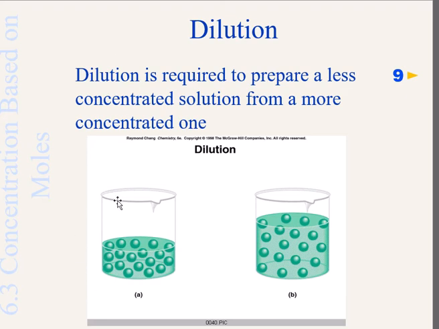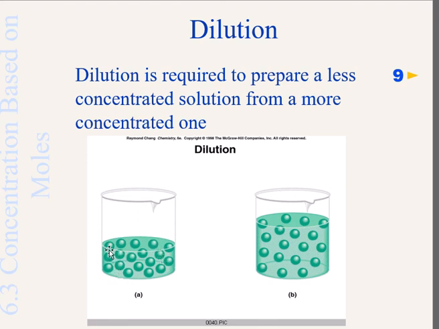For example, here we have this beaker with these solute particles, and this is an example of a concentrated solution where there is very little total volume and lots of solute particles. Here, however, we have lots of volume of our solvent. This is a more dilute solution. Now, if we had to quantify both of these, we can divide the number of moles of the solute by the total volume.